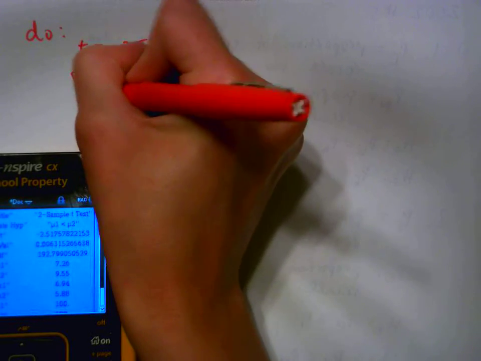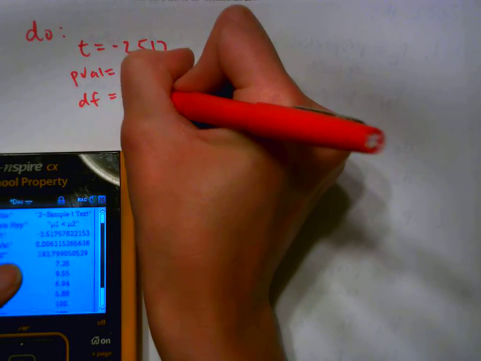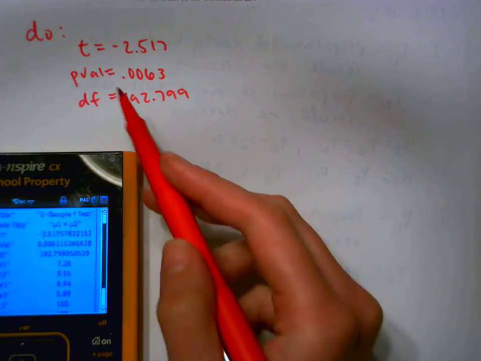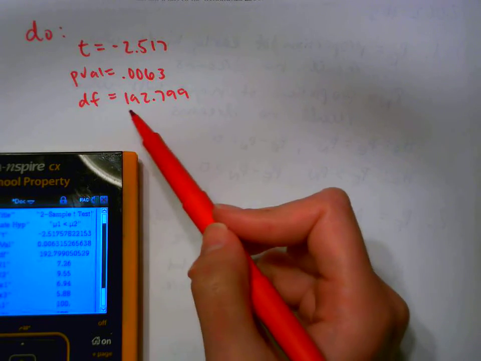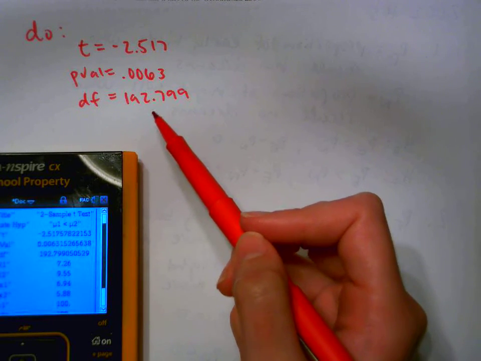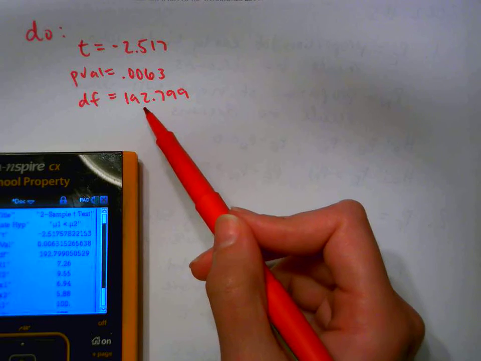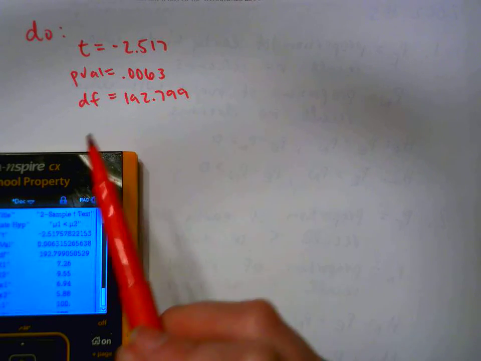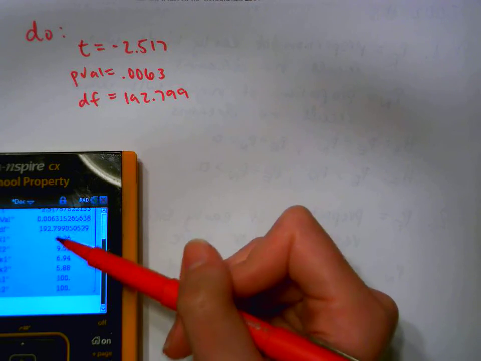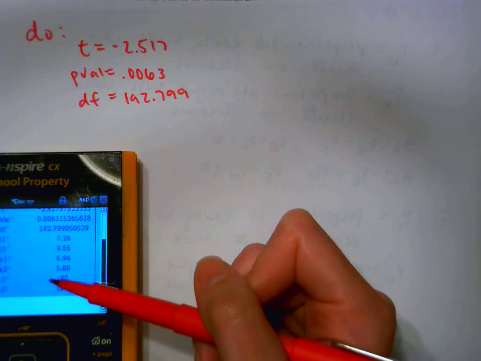Our degrees of freedom is 192.799. When you're doing a two sample problem for a mean, I would definitely just write down the degrees of freedom from the calculator. It's going to be different than what you would have calculated, because if you had done it, it would have been 99, which would also get you credit. You don't really have to write down all the sample information because it was given, but if you want to, you can.